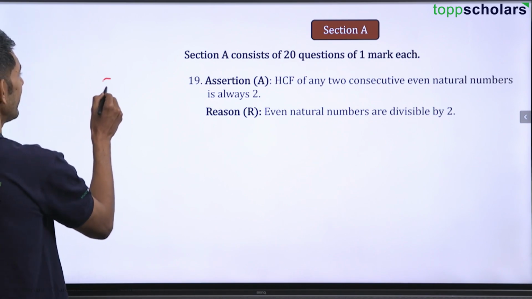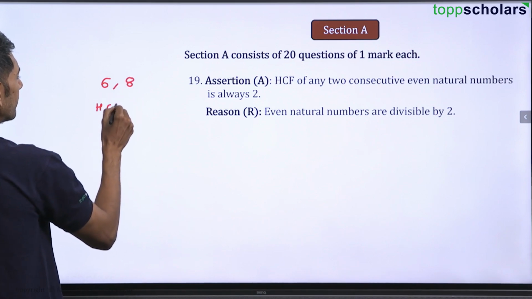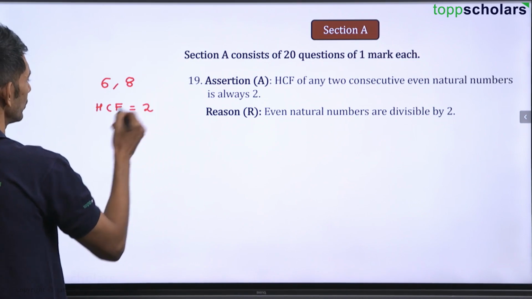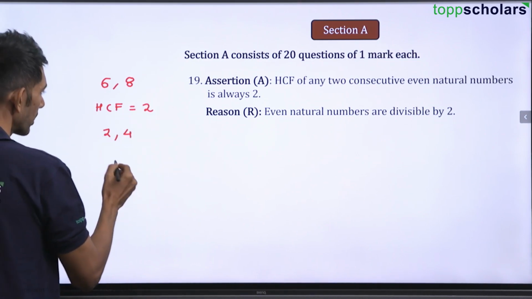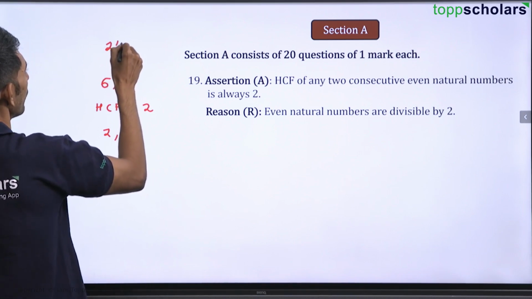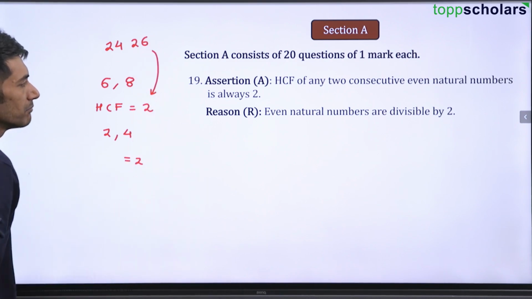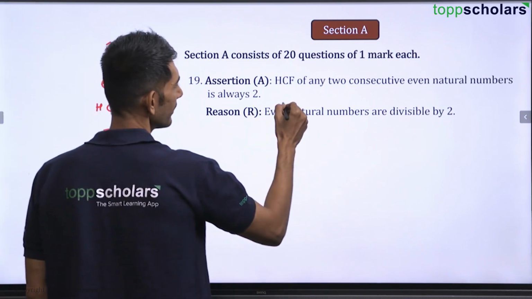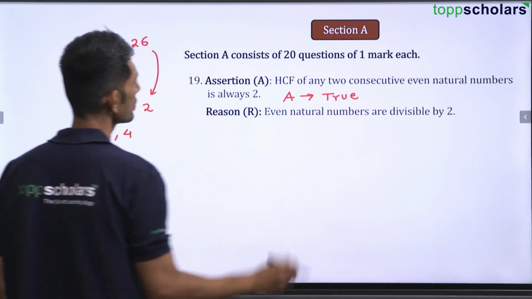If I take 6 and 8, what is the HCF? Okay, that's 2. If I take 2 and 4, consecutive means back to back. Okay, this is also 2. If I take 24 and 26, again the HCF is 2, we know that. That means definitely the assertion is true.